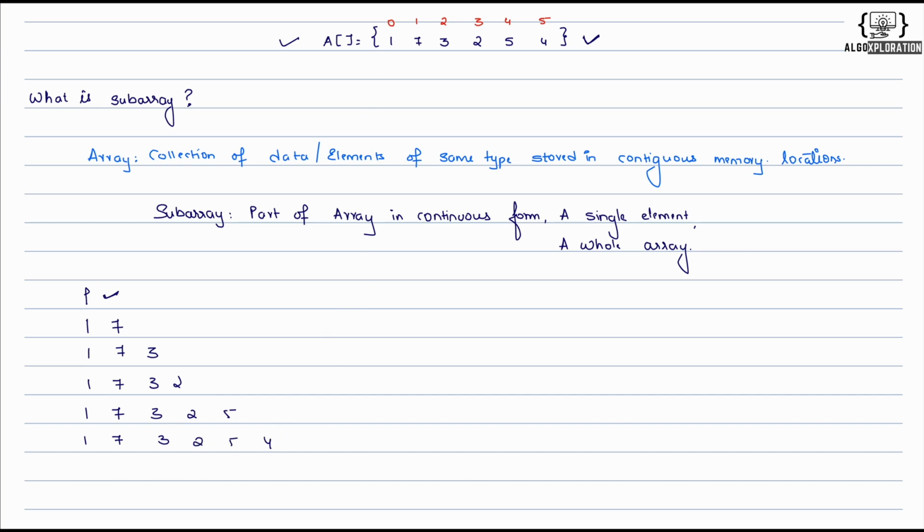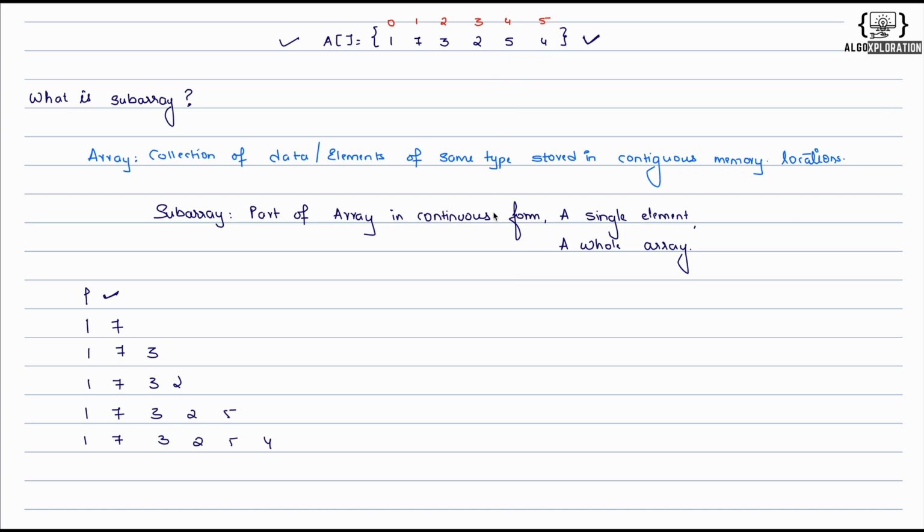Also 7 can be a subarray, 7 3 can also be a subarray, 7 3 2, 7 3 2 5, 7 3 2 5 4, right? 3 then 3 2, 3 2 5, 3 2 5 4, 2, 2 5, 2 5 4, 5, 5 4, and at last 4. This can be a subarray.